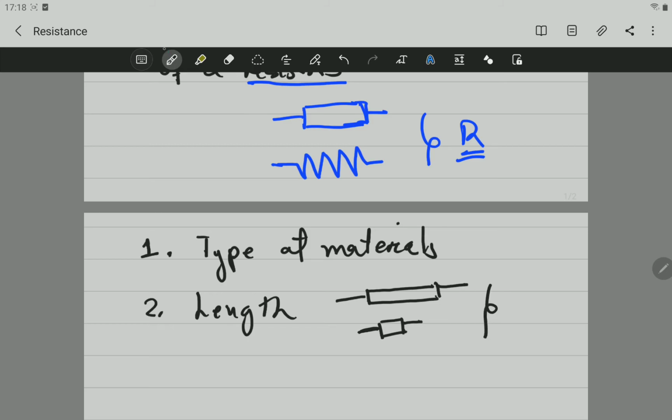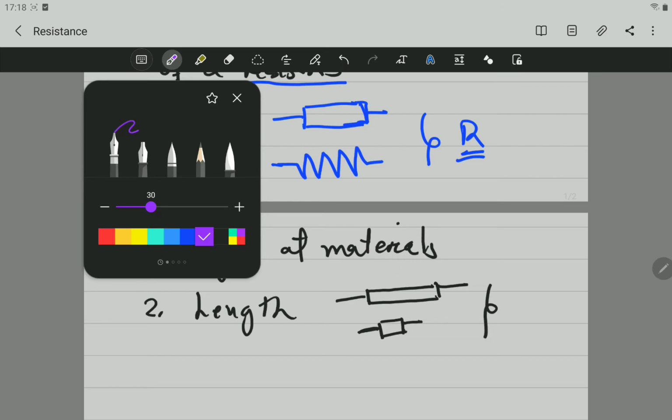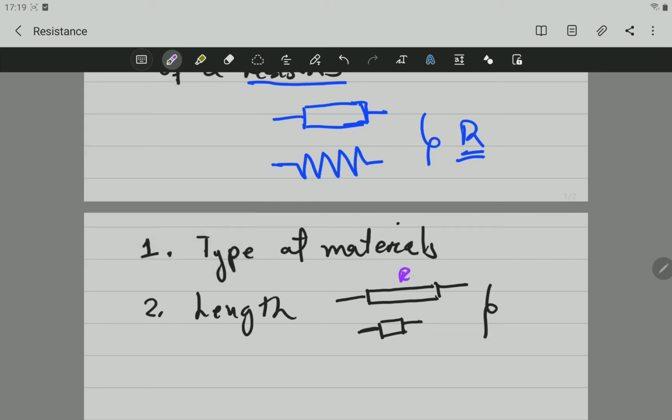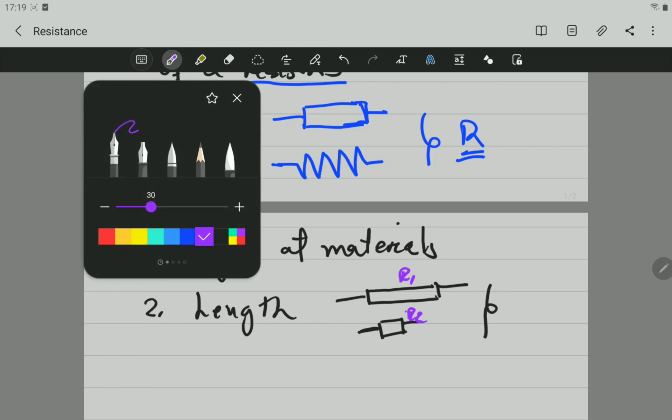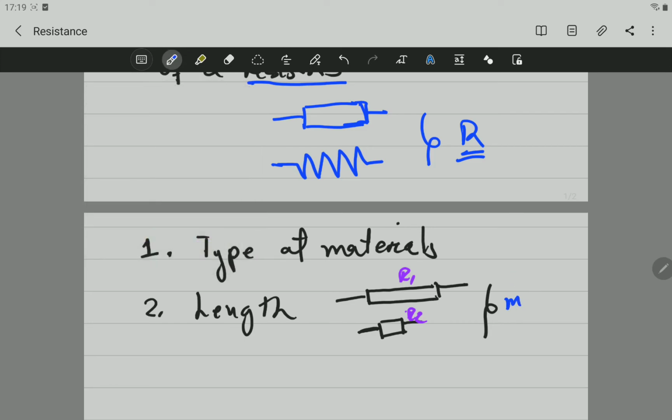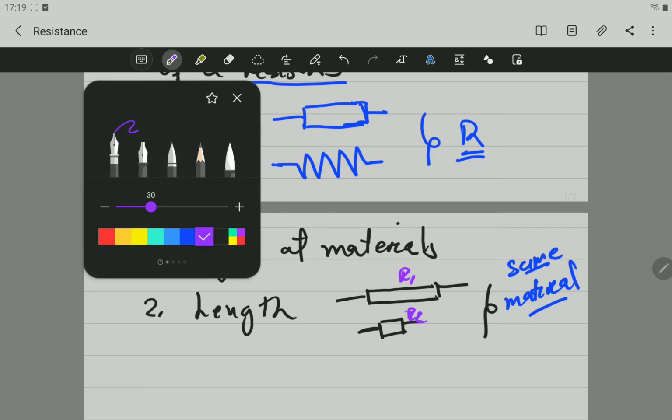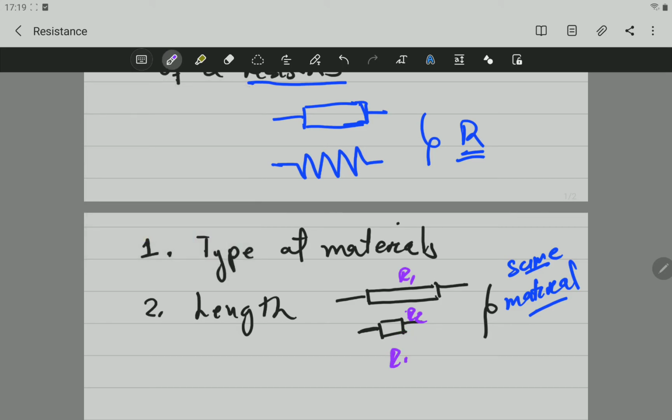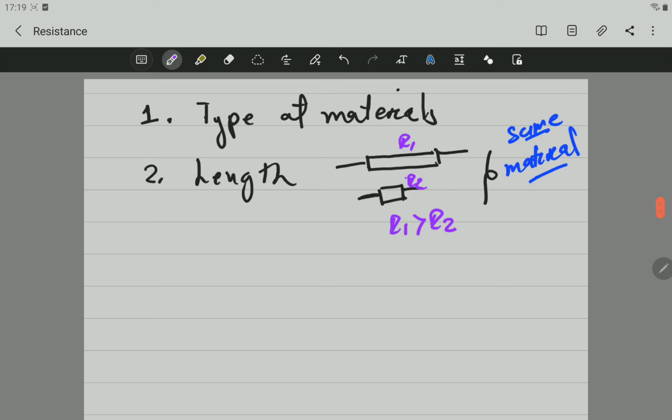If we call this resistor R1 and this one R2, and they are made of the same material, then we have that R1 is greater than R2 because the resistor is longer. Those are the first two factors.